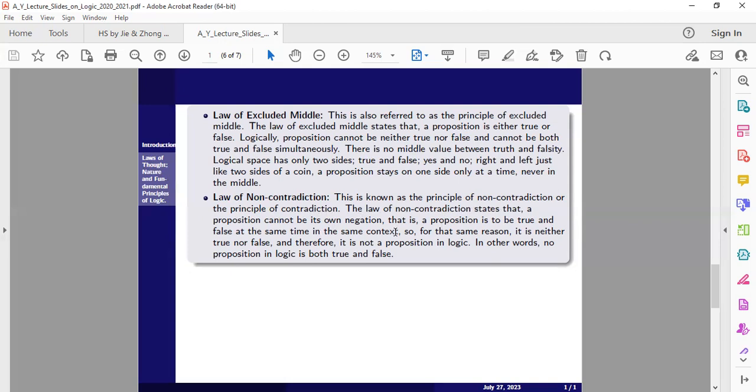That is, a proposition cannot be true and false at the same time in the same context. For that reason, it is neither true nor false, and therefore it is not a proposition in logic. In other words, no proposition in logic is both true and false.